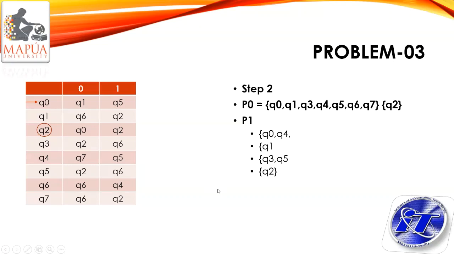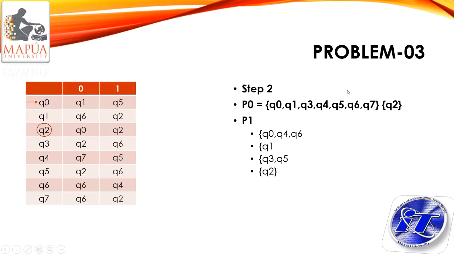Now, Q6. When Q6 encounters 0, it just loops within itself, same group, non-final. Q6 will go to Q4 when it encounters 1, same group, which is the same as Q0 and Q4. How about Q7?